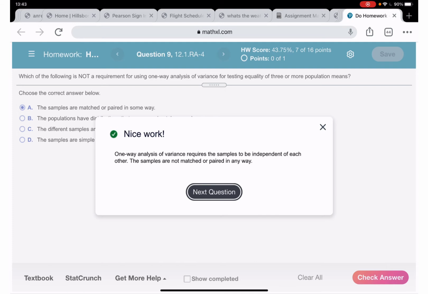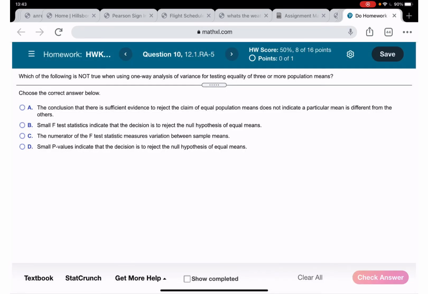Okay. Question number 10. Which of the following is not true when using one-way analysis of variance for testing equality of three or more population means?